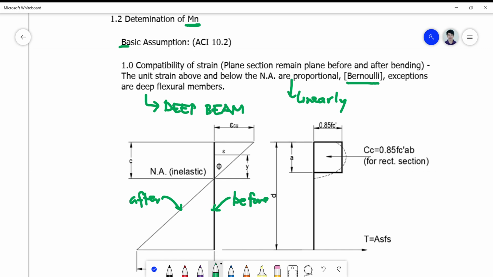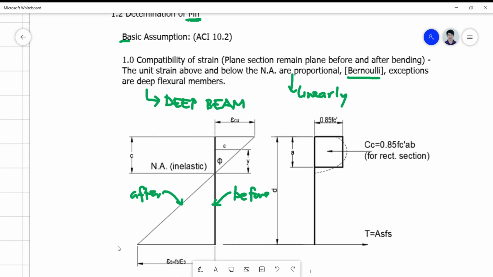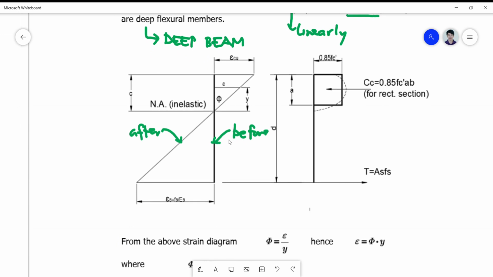So this is now a typical strain stress diagram. We often draw this when we were in college. This is the compression fiber, and this is the tension fiber, the bottom.